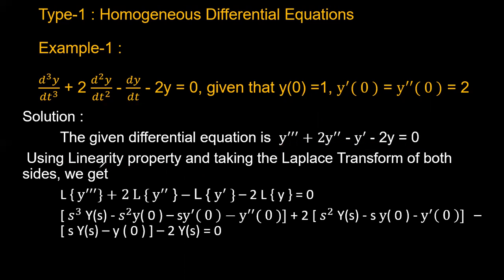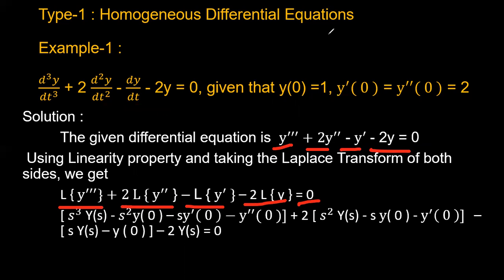So: Laplace transform of y triple dash, plus 2 into Laplace transform of y double dash, minus Laplace transform of y dash, minus 2 into Laplace transform of y, equal to Laplace transform of 0, which is 0.